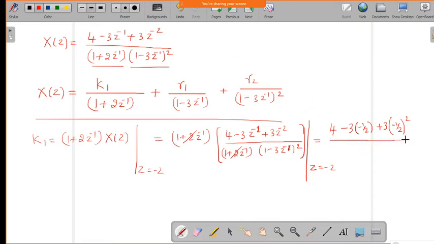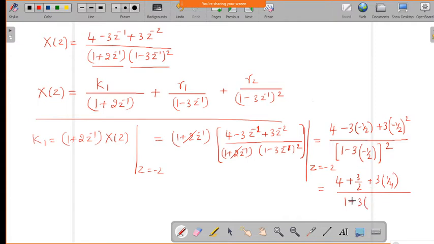This is divided by 1 minus 3 into z inverse, which is minus 1 by 2, the whole square. This is the complete whole square, and this other one is only for z inverse whole square. So now what will you get? 4 plus 3 by 2 plus 3 into 1 by 4, divided by 1 minus 3 into minus 1 by 2, whole square.